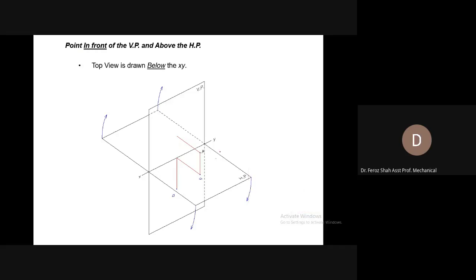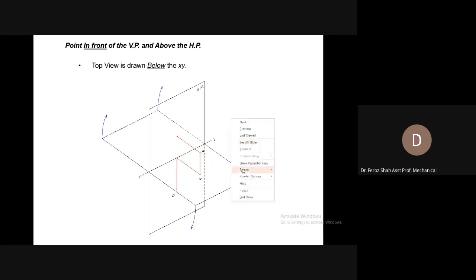Now, as we are examining the top view, for example, this point A is lying in the first quadrant. If we are looking into it from this side, its front view will be drawn on the vertical plane at this position above the XY reference line. But we are interested in the positioning of the top view.